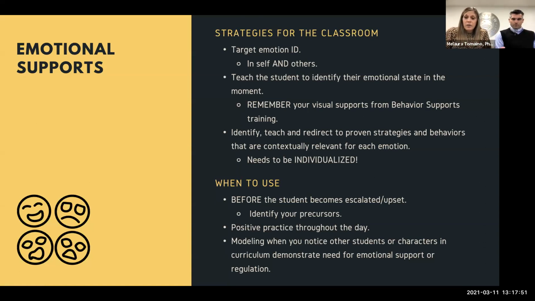What works for that child when they're happy? It's not appropriate to be jumping up and down and flapping when we're happy. What would work for that student to demonstrate that they're happy and then to be able to regulate to get back to baseline, regardless of the emotion? And those need to be identified early on and then taught and practiced because it's not naturally in our repertoire to know, I'm feeling this way, I need to do this.